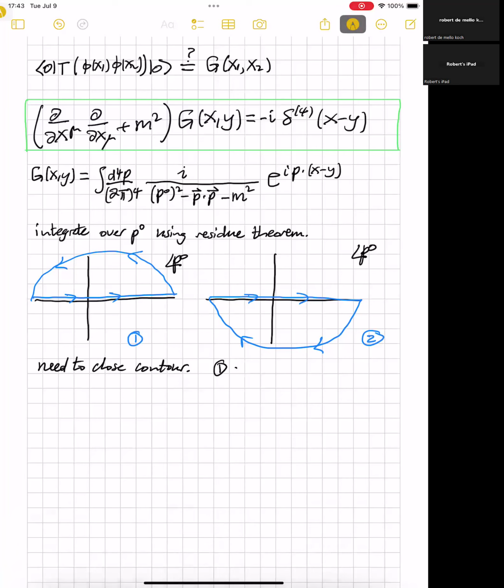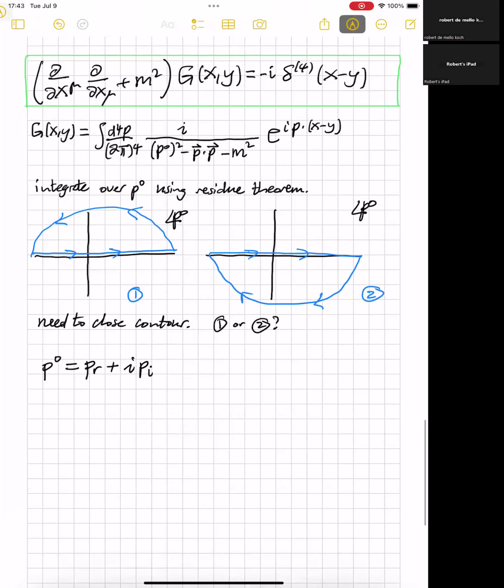So 1 or 2. Okay, so let's first of all take a look at what is the difference between 1 and 2. Well, along this integration path, P naught will actually have a real part, let's call this P_R, and it'll have an imaginary part, let's call it i P_I.